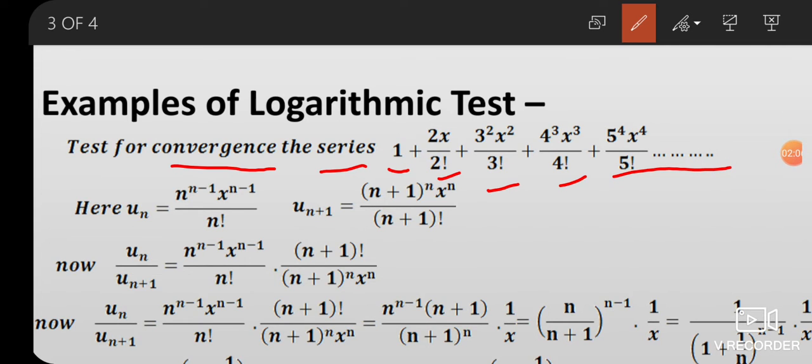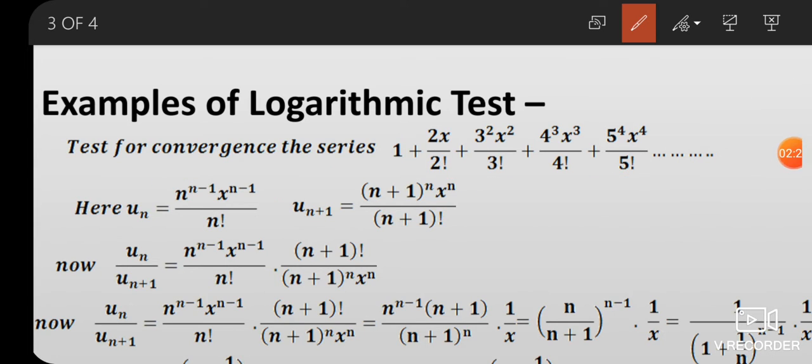First we will take the nth term of the given infinite series. Here take un equal to n to the power n minus 1, x to the power n minus 1, upon factorial n.